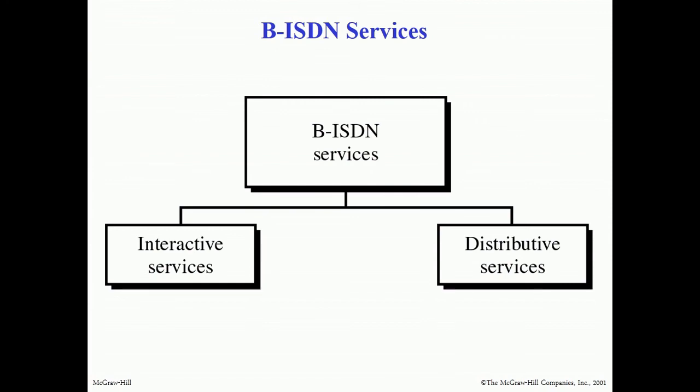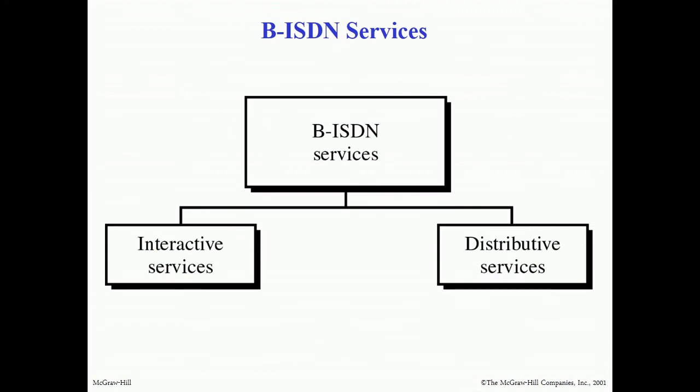Distribution services are divided into those for which the user has no control over the presentation, and those where the user can control which elements are received. Examples of the former include TV programming and electronic newspapers. An example of the latter includes the retrieval of selected news items and certain online courses.